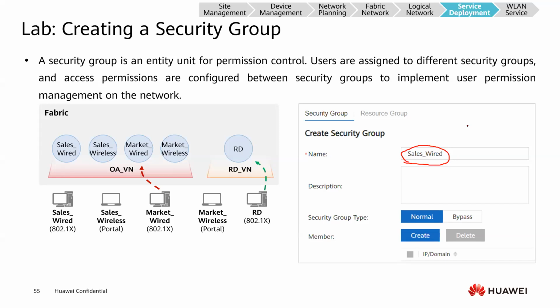And if you want to create the static security group, you need to bind the specific IP address with the security group. However, for these 5 kinds of users, we use the dynamic security group. That means all of these users will get the security group only when they pass the authentication, and they will get the authorized result from the authorization information.